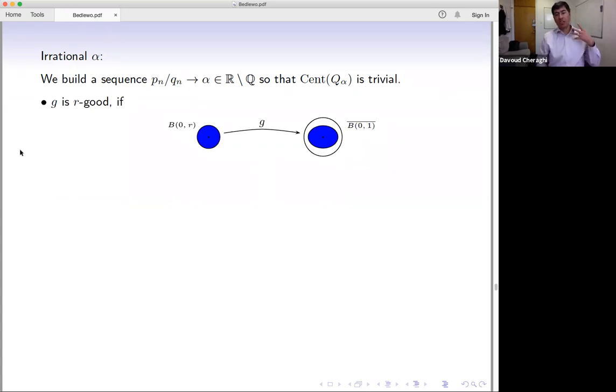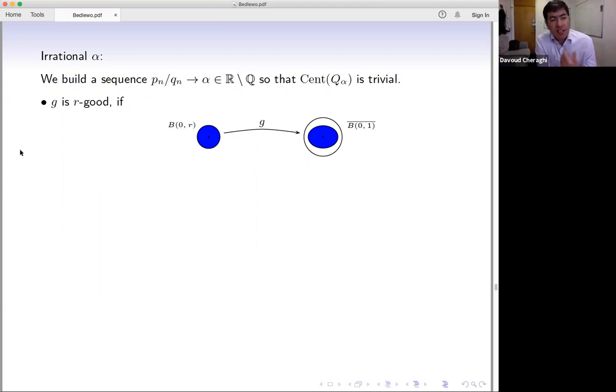There are 2 key definitions here. The first is to control the geometry of an arbitrary germ with a one-dimensional parameter.